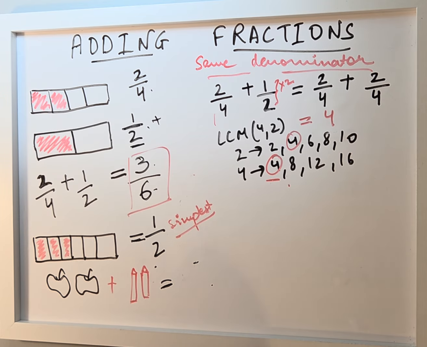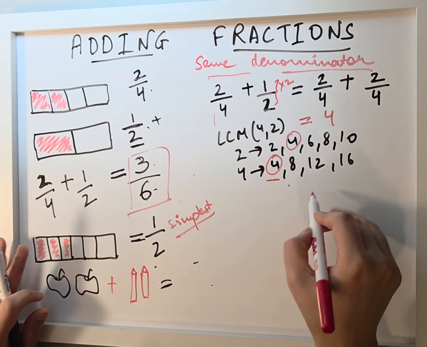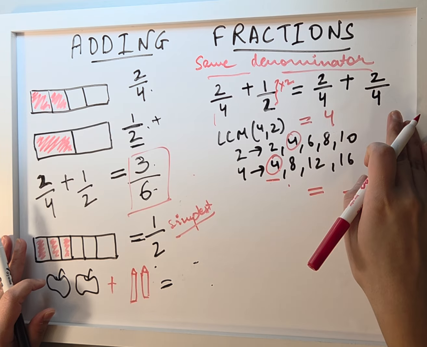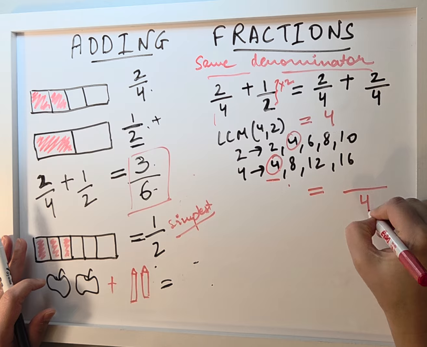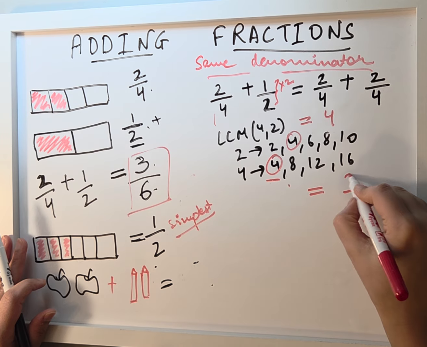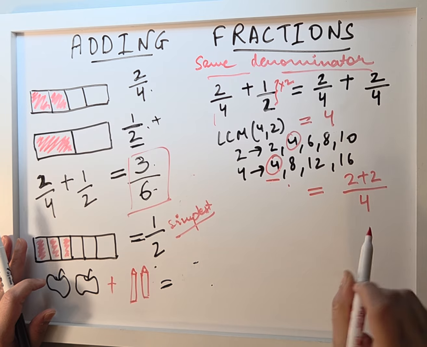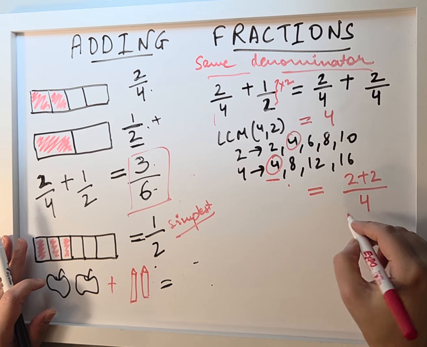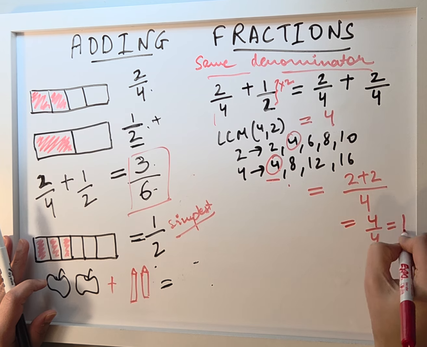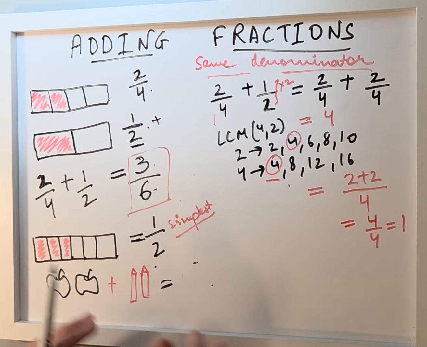Now when the denominators are the same, we keep the denominator 4 and just add the numerators. So 2 plus 2 becomes 4 by 4, which comes out to be 1. How do we know it is correct?